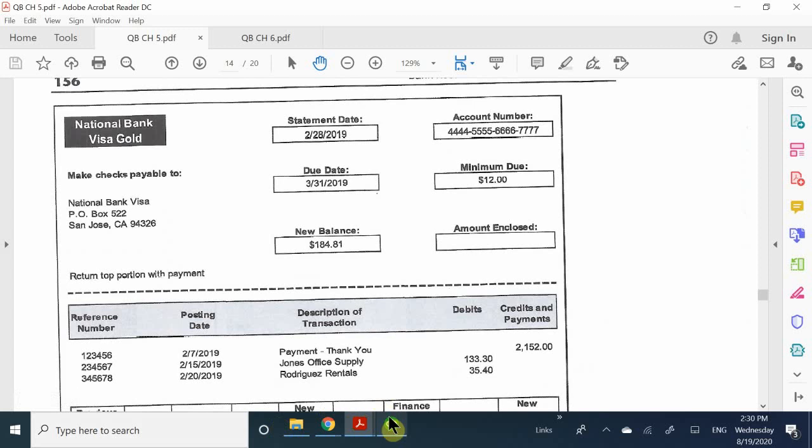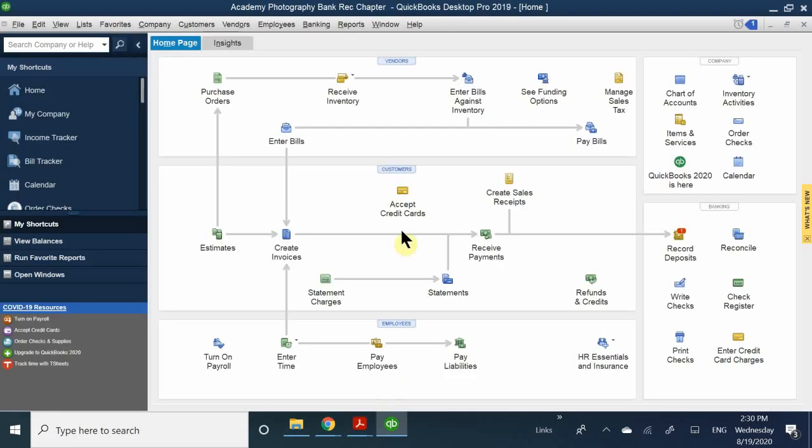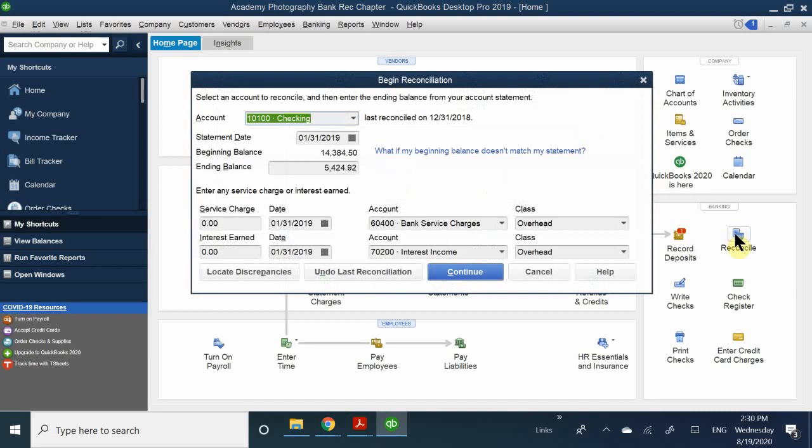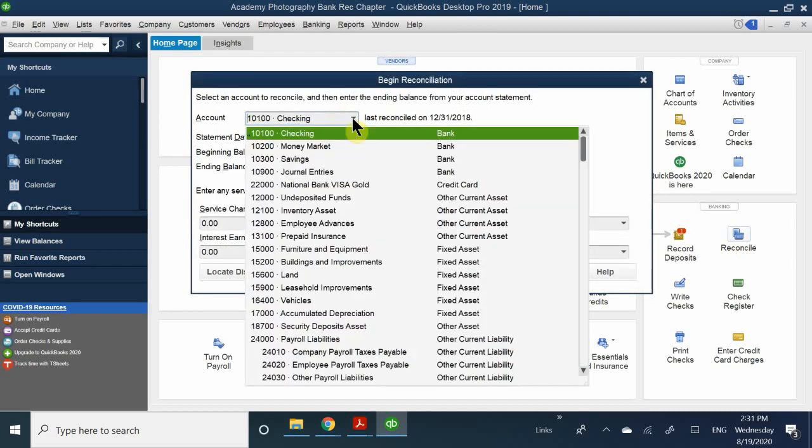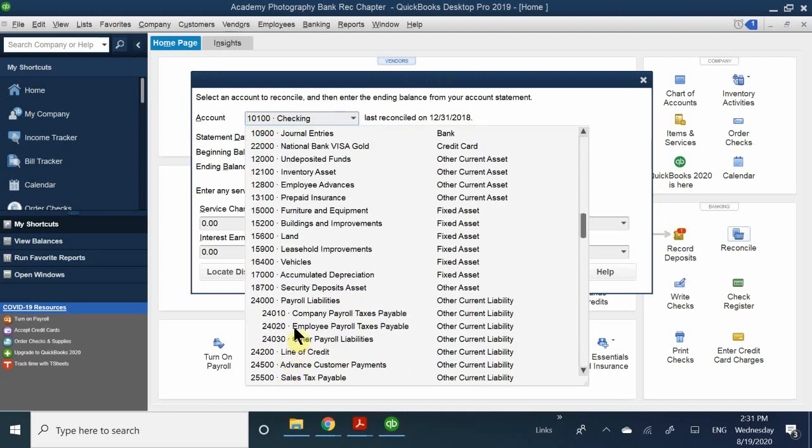That makes it easy, right? Remember when we pressed the reconcile button? There's a drop-down menu for which kind of account you want to reconcile. Here, we're going to find our National Bank Visa credit card, towards the top.